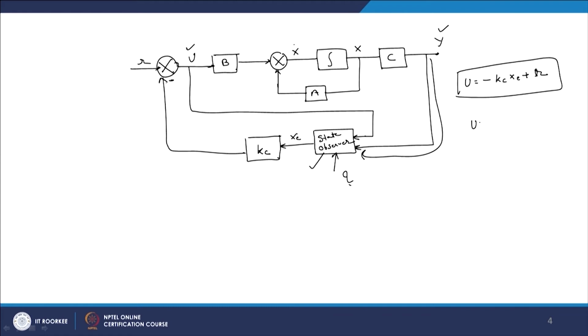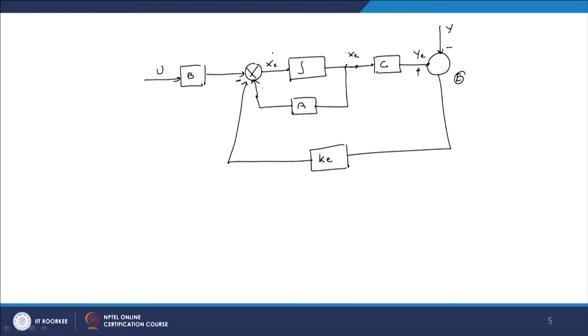Earlier our law was u equal to minus Kc x, but here, because of the modification in the actual system, our control law has been changed to u equal to minus Kc into Xc plus r.